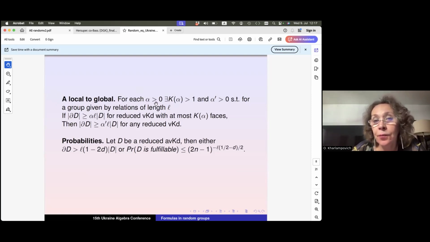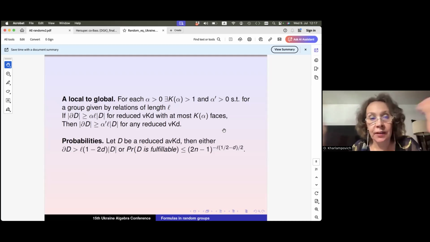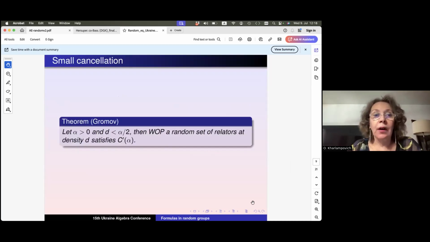For diagrams, this means the following: if we take alpha, a positive number, which we want to use in a linear isoperimetric inequality, then for each such alpha there exists a number k depending on alpha, and another alpha prime, such that for a group given by relations of length L, if we have a linear isoperimetric inequality for alpha for reduced one-camping diagrams with at most k faces, then we have it for alpha prime for any reduced one-camping diagram. So basically, one can bound the number of diagrams we have to consider. And if one can prove a linear isoperimetric inequality for them, then it's true for any diagram. So this is the local to global in Gromov-Olivier's proof.